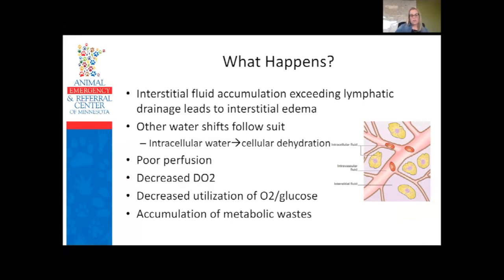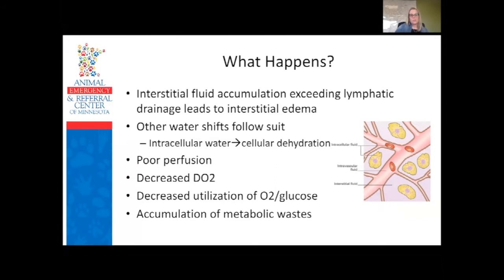So that's where you can start to see shifting out of your intracellular space and the development of cellular dehydration. These things can lead to poor perfusion, decreased delivery of oxygen, decreased tissue utilization of oxygen and glucose, and then accumulation of metabolic waste. So all of these things obviously are detrimental to your patient. They're things you'd like to try and avoid.